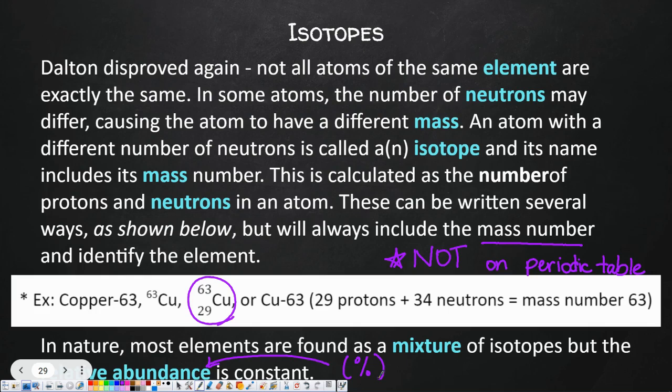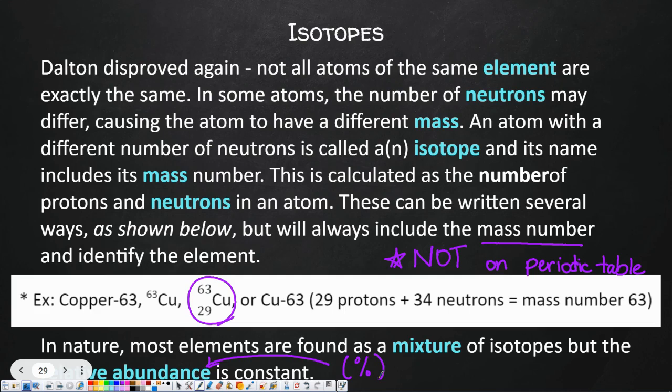So you'll see some examples of that. The relative abundance we're going to save until Friday when we talk about where that decimal number on the periodic table actually comes from. It's an average atomic mass. We'll worry about calculating those on Friday.